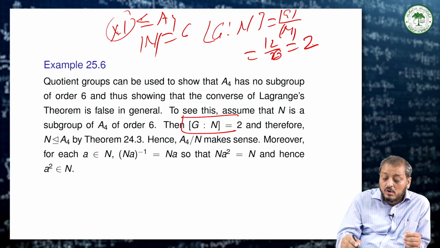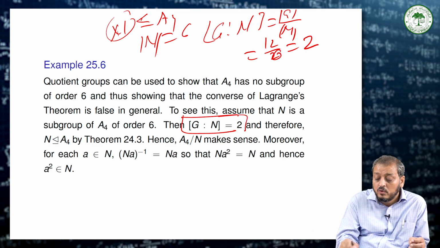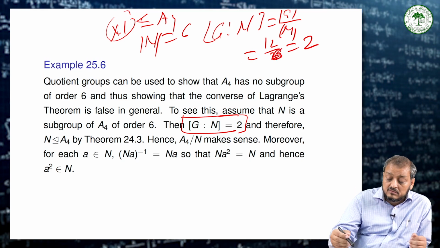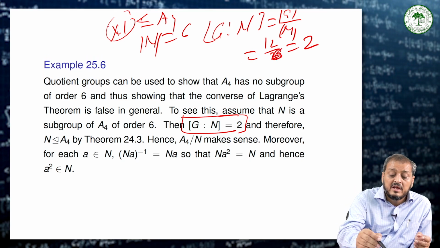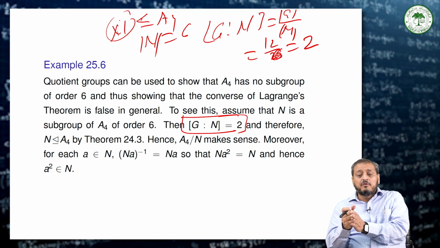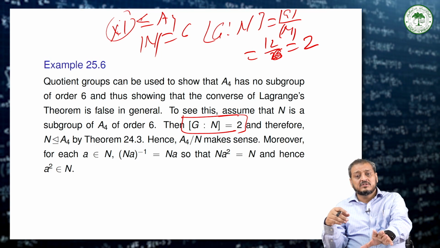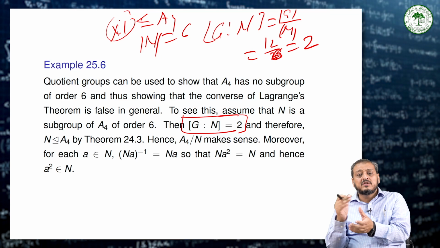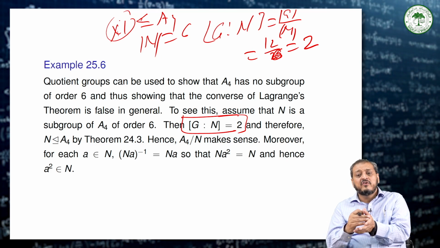So the index of N is equal to 2. Therefore, clearly assuming that N is a subgroup of A4 and that this group has order 6, then the index of N in G is equal to 2.